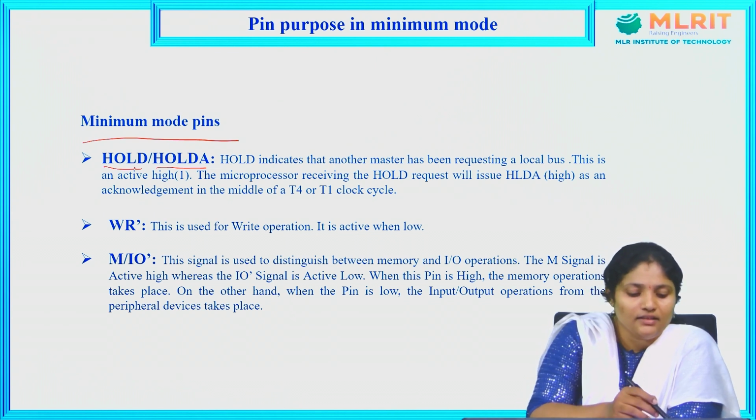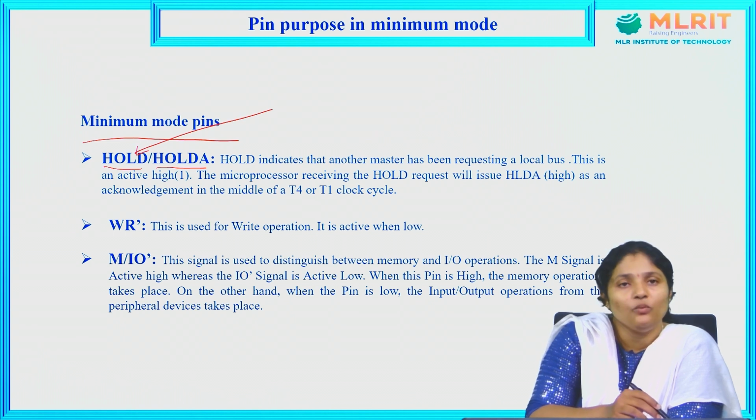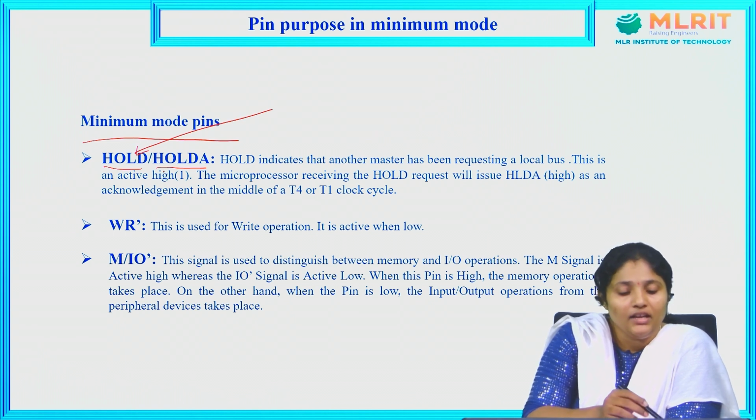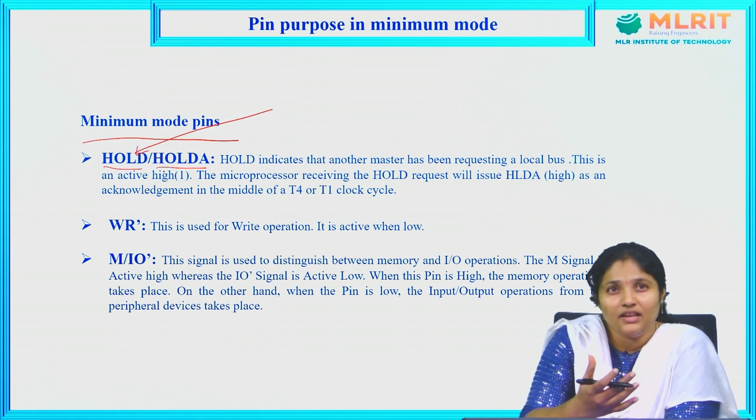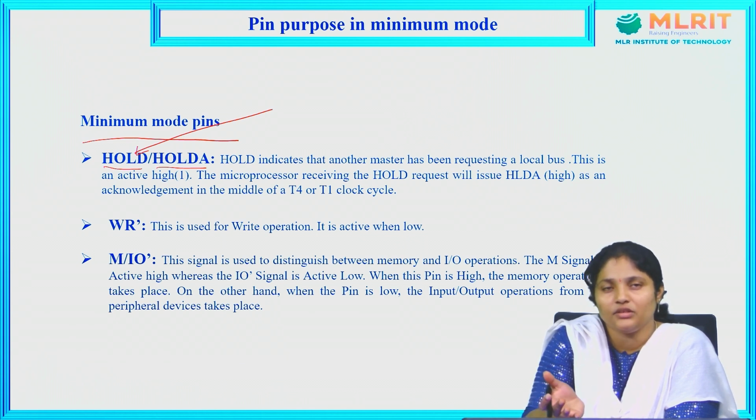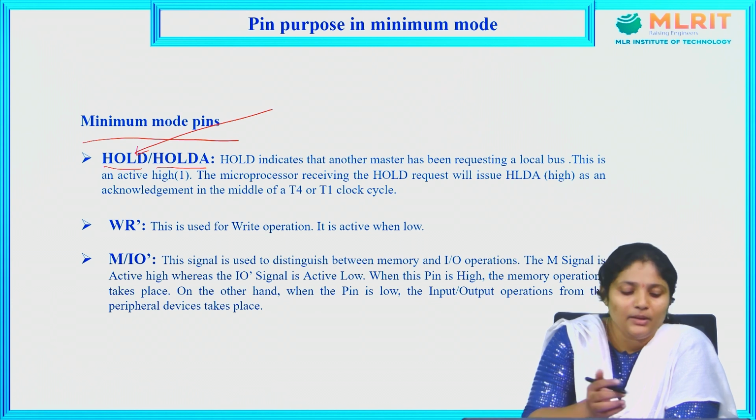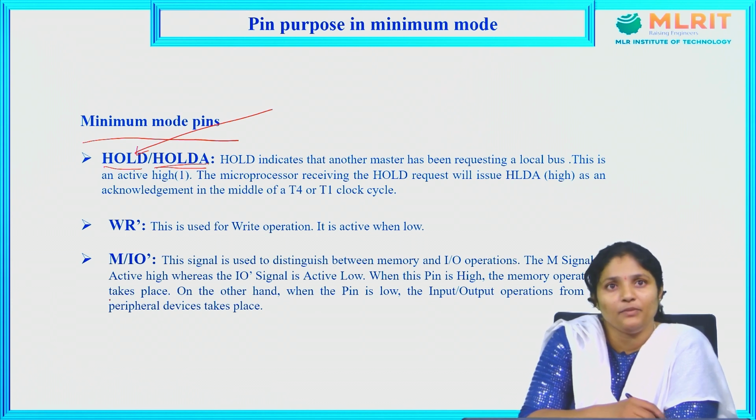So this pin gets that request. Whether the processor accepts the request and makes the system bus available to the other processors or peripheral devices depends upon the acknowledgement given by the microprocessor.